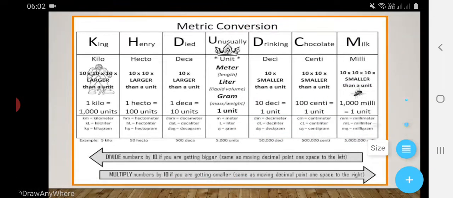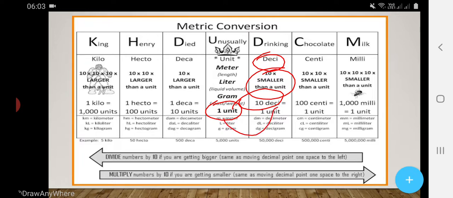Why? Because if I want to go to deci, I have to multiply by 10, since it is smaller than a unit. If it is 1 unit, then it implies 10 deci because I have to jump 1 place.